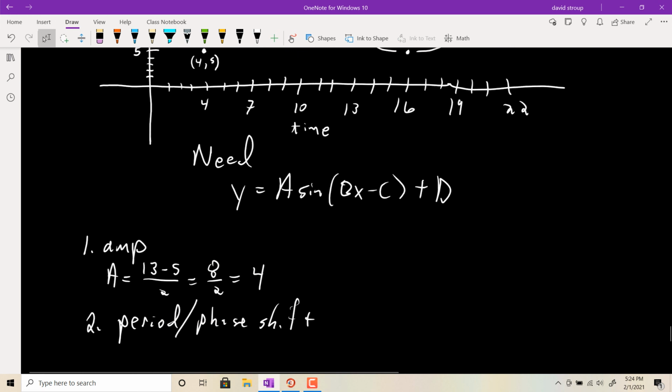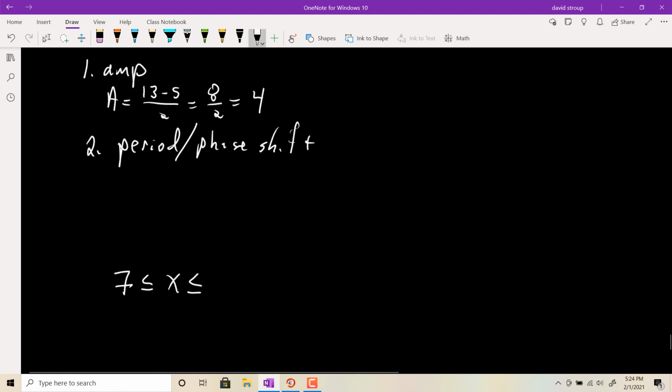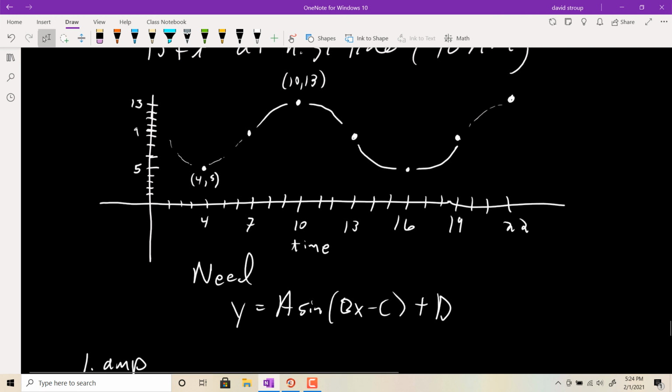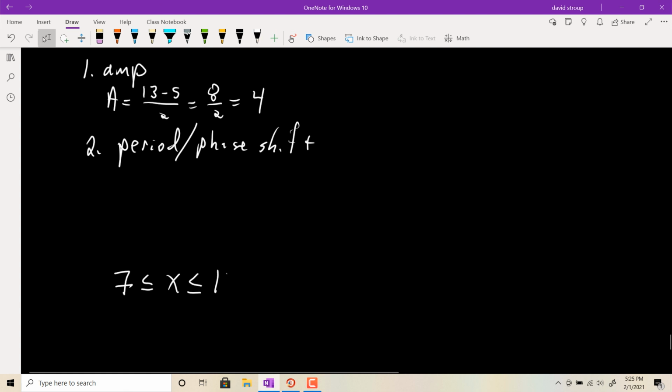So on the other side, you should have 19, I guess. But you could rewrite that in terms of the length of the period. 19 minus 7 is the length of the period, and then plus the phase shift. Okay.